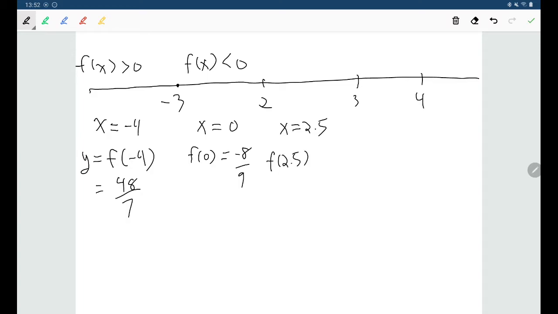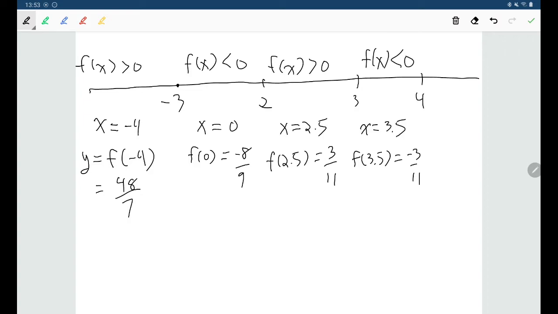The y value is 3/11, and so we are above the x-axis. For between 3 and 4, I picked 3.5. The y value when x is 3.5 was -3/11. So in this little interval between 3 and 4, f of x is negative. It's below the x-axis.